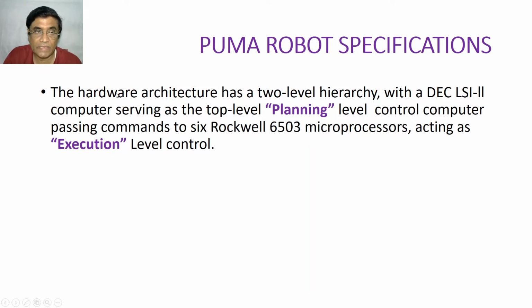So everything will be working in this computer, okay? DEC LSI, large scale integration computer, right? And the Puma 560 model actually had 6 Rockwell 6503 microprocessors acting as execution level controllers. Okay, so these are some of the specifications of the Puma 560 robot.